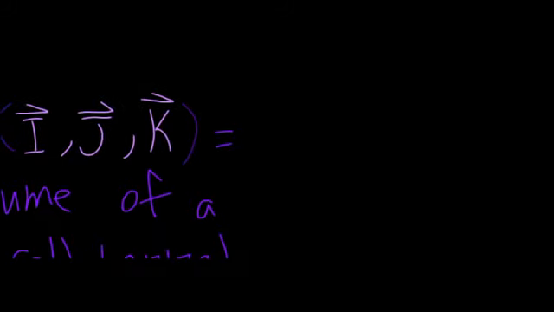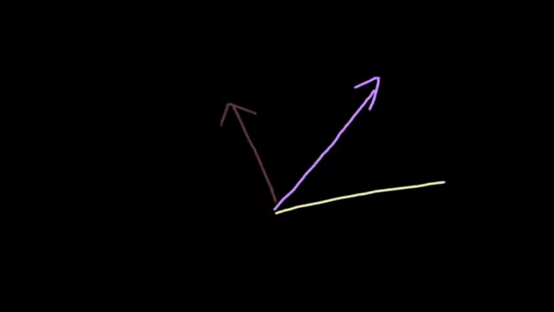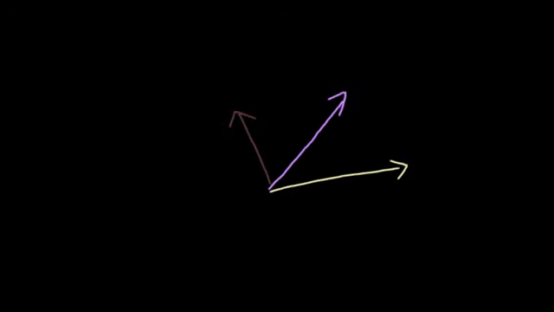The vectors would look something like this. Let's see. They could look something like, oh no. Okay, we're back. Again, I was trying to draw three vectors that would form a parallelepiped. Then I accidentally pressed the button. Alright, so this should form a parallelepiped.